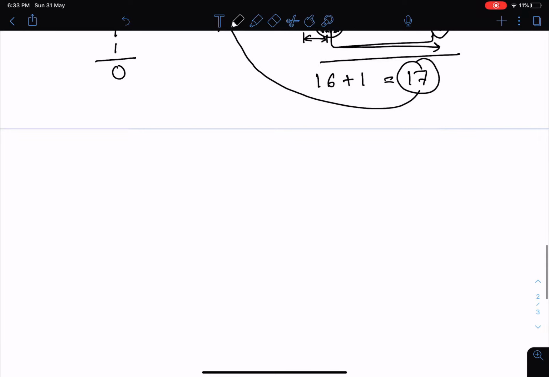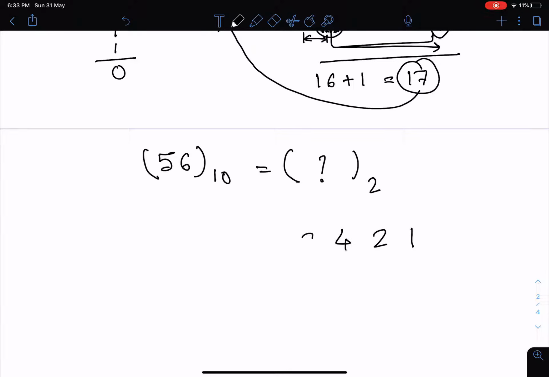Let's check another number. Say we have to convert 56 into binary form. Now what to do? Our process is the same: 1, then 2, 4, 8, 16, 32, 64. Now 56 lies somewhere between 64 and 32.